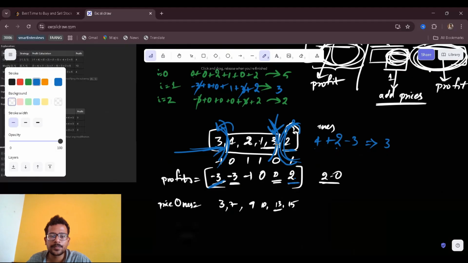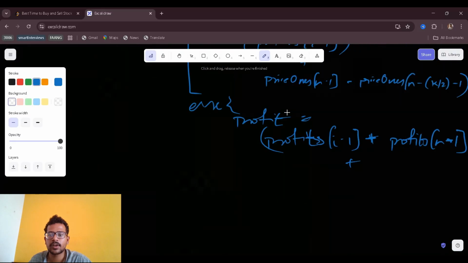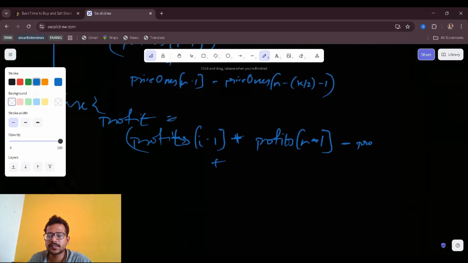Here it is 0, 1, 2, 3, 4, 5. So 1 plus 4 is 5 minus 1 is 4. So I plus k minus 1. So profits of I plus k minus 1. So this is how you get the right side profit.